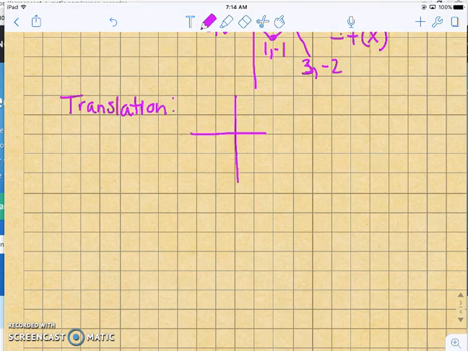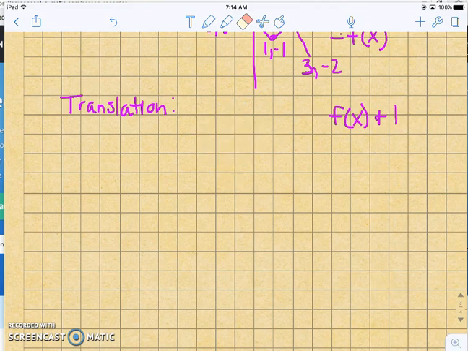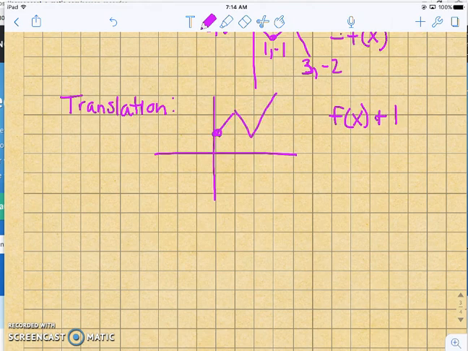If we were to graph f of x plus 1, and I'm going to redo this axis here, that would move it up 1. And if we were to move f of x minus 1, it would move that original function down 1.